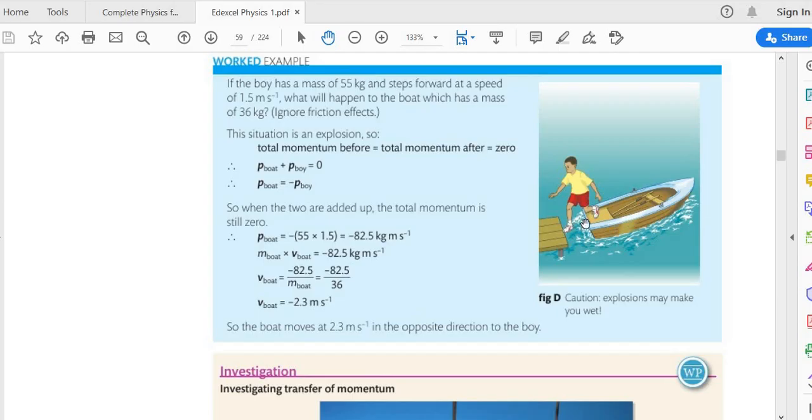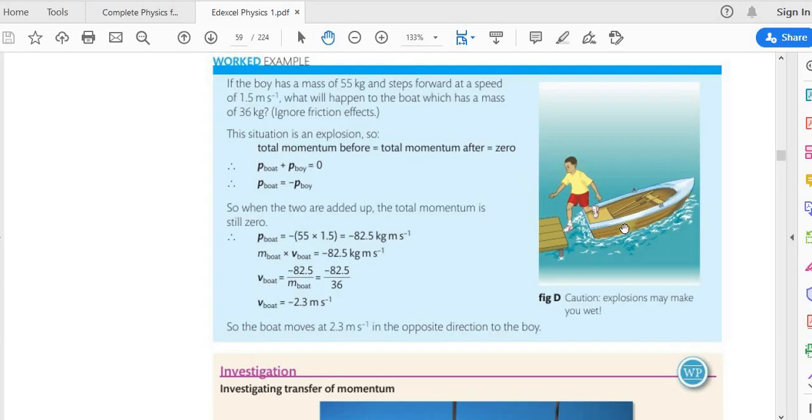When you move forwards, the boat will move backwards, because the boat is not fixed to the ground. So when you move to the left, the boat will move to the right. The boat will gain an equal momentum to the right as you gained momentum to the left.